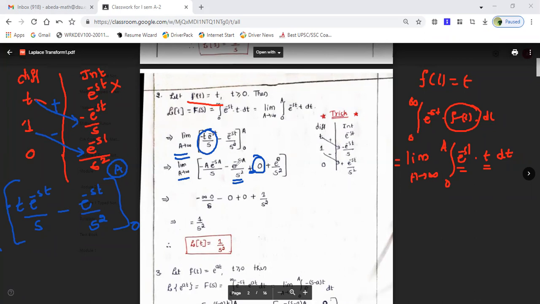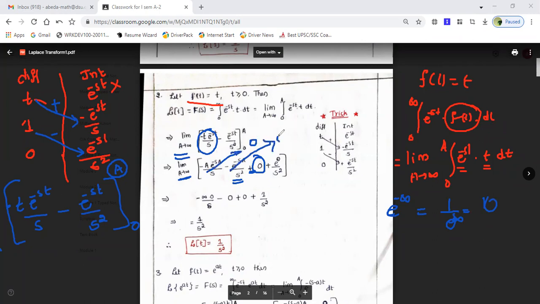E to the power 0 minus 0 doesn't matter, it is just e to the power 0. Okay, so now wherever a is there, apply the limit as a tends to infinity. If I do that, you can observe, this is minus infinity into e to the power minus infinity, and I already explained to you that e to the power minus infinity is nothing but 1 upon infinity, which is equal to 0. So therefore this particular term will tend to 0.